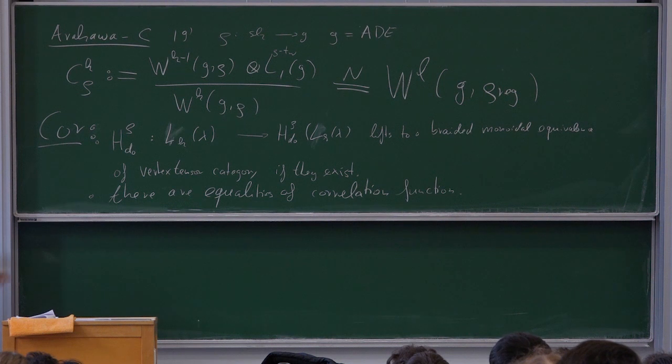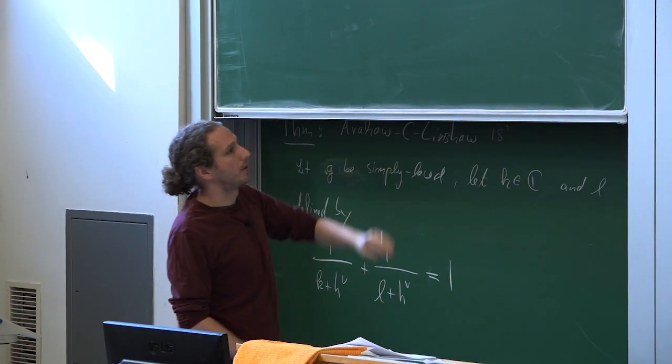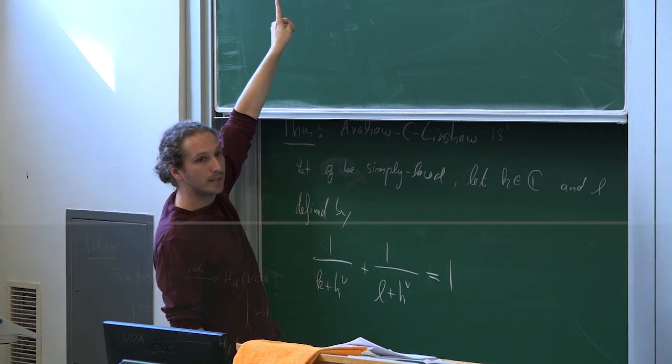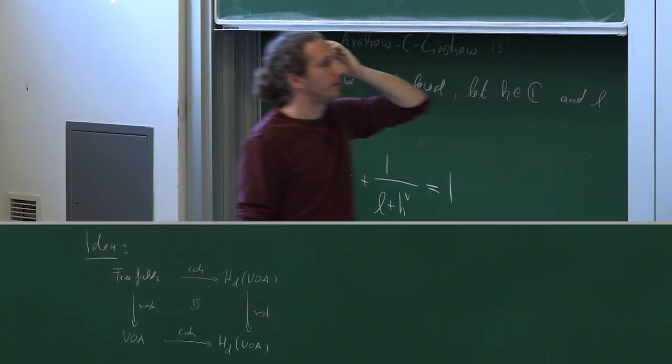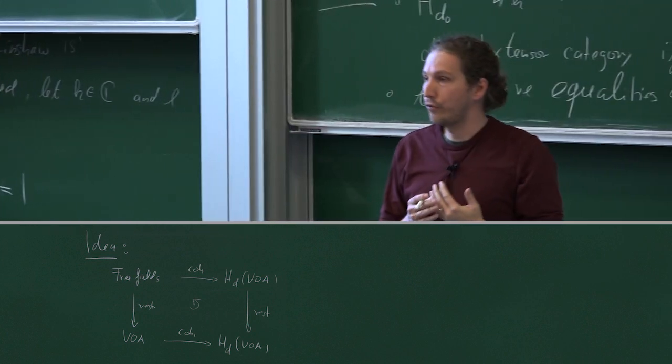In any case, anyway, this is the important theorem. Now we look upstairs at the idea, because now I want you to get a feeling for why this theorem is true.